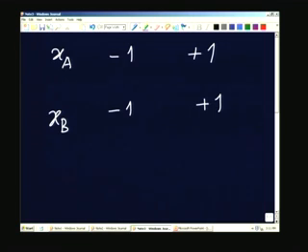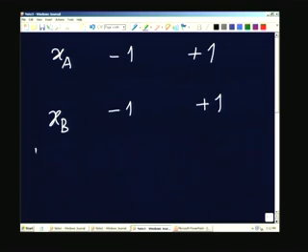Now you can immediately see that the number of experiments I can perform is I can have -1 for x A and +1 for x B. I can have -1 and -1, both low values for x A and x B.